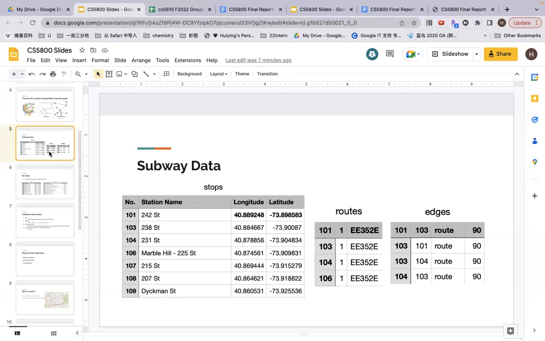Each stop will also have its longitude and latitude recorded for calculation purposes. And the routes are just which stations belong to which subway lines, and we record that by recording the corresponding color of that line in hex format. And an edge is just marked as the connection between two stations.